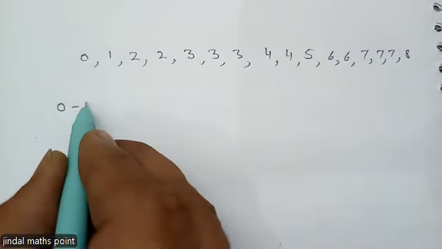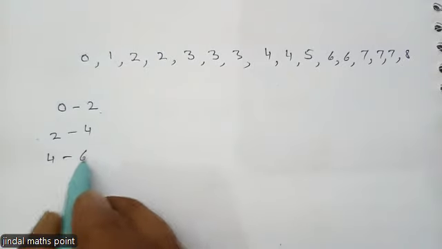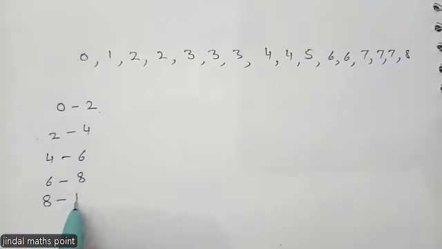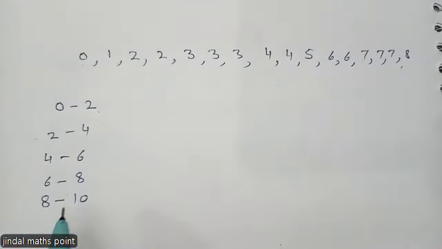One data I can arrange like this: 0 to 2, 2 to 4, 4 to 6, 6 to 8, 8 to 10. Because the values go up to 8, I have taken up to 10.